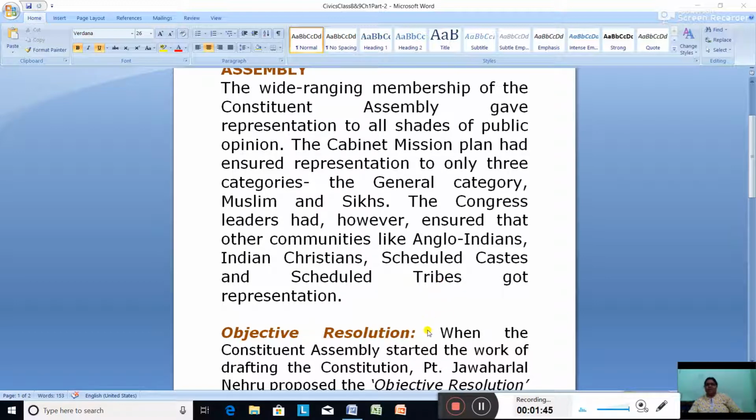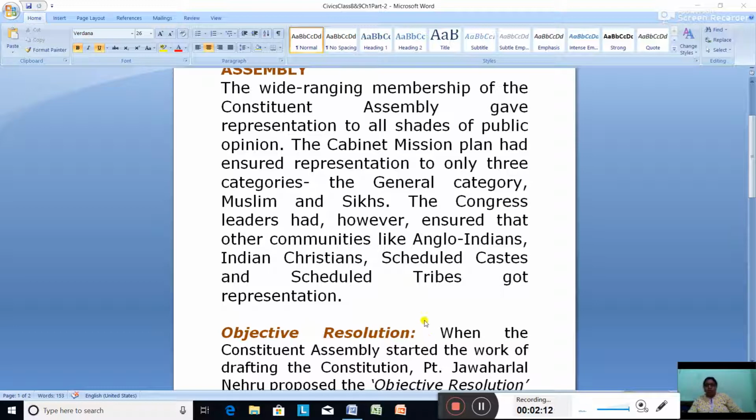The Anglo-Indians were represented by Mr. Frank Anthony and Mr. S.H. Prater, the Indian Christians by Dr. H.C. Mukherjee and Joseph D'Souza, and the Parsis by Dr. H.P. Modi.